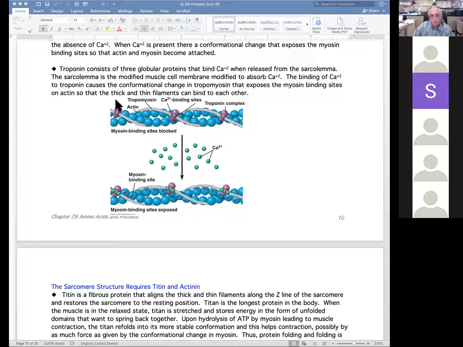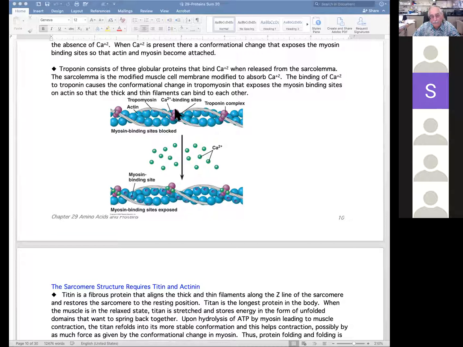So this is a structural protein, right? Muscles hold your body together. But it's also a contractile protein. And notice that when calcium binds to this troponin site over here, it causes a conformational change. And we've talked about that many times, right?